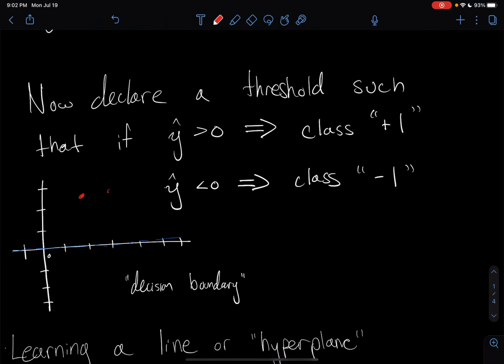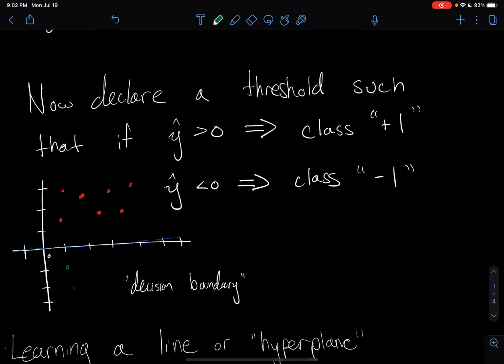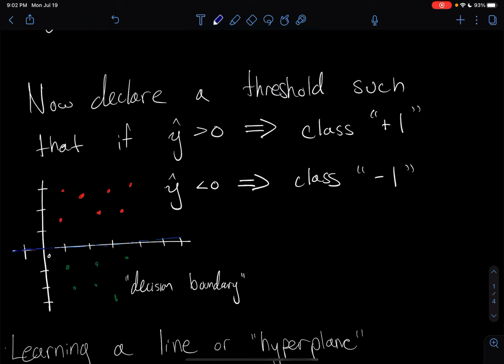For example, let's say we have data points that exist up here and data points that exist down here. Then this decision boundary is just an example of something our algorithm can learn. Ideally, the algorithm you're using to learn this decision boundary is going to look something like this, where you can very clearly see where one class is and where the other class is.